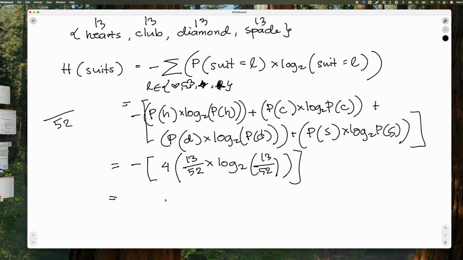So if we calculate that one, calculate this times 4, and it has a negative number for sure because of the logarithm, the answer would be, what? One half, or 0.5 bits.